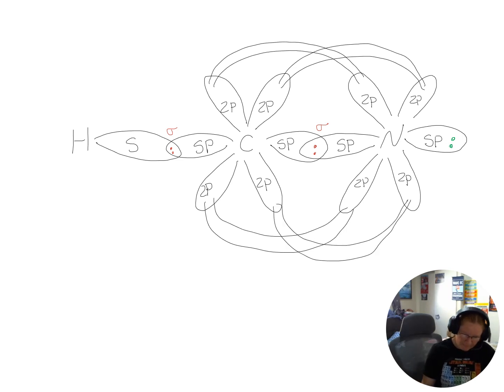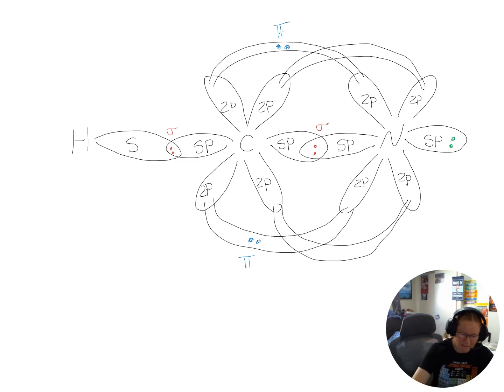And then for our pi bonds, it'll look like that. So we can take into account where everything goes with both orbital diagrams and these crazy overlapping diagrams here.